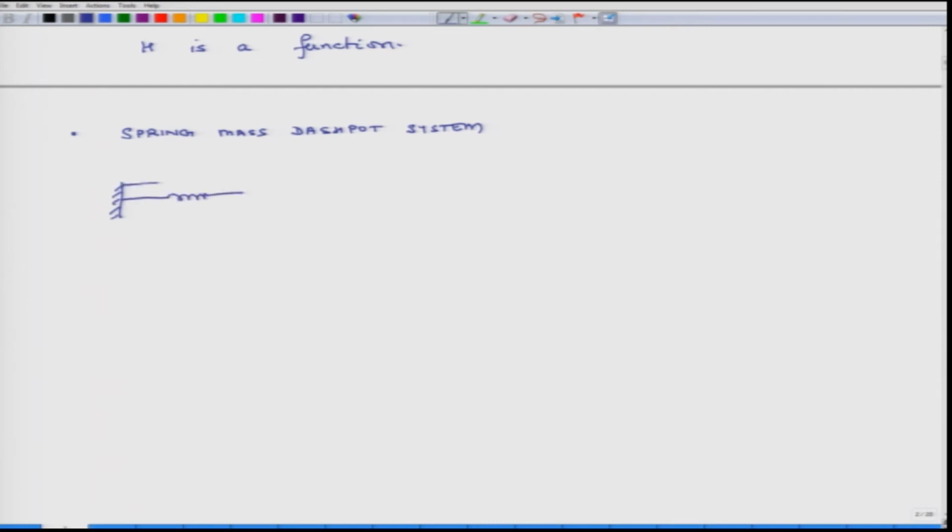This is my spring, this is a dashpot, both are connected to a mass which can move on a frictionless surface, and I am exciting it by some force e^{j omega t}. The stiffness of the spring is k, the damping constant is c, and this is my excitation input, and what I am interested in figuring out is how much the displacement is.